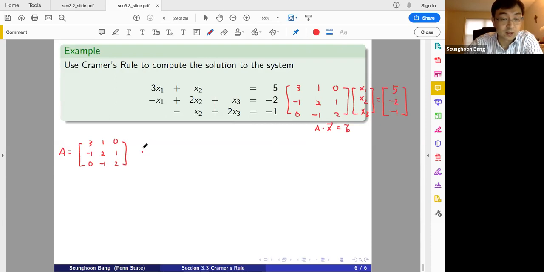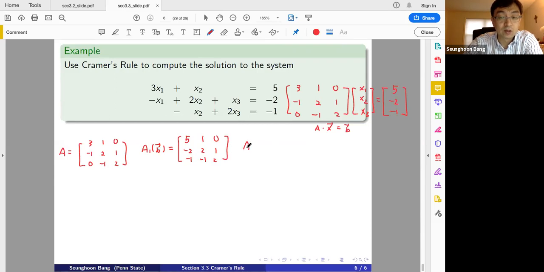For A1B, only replace the first column by vector B, 5, negative 2, and minus 1. You can keep the second and third columns, 1, 2, minus 1, 0, 1, 2.